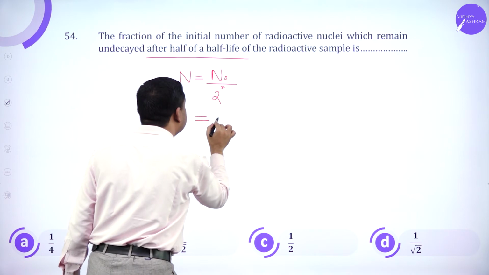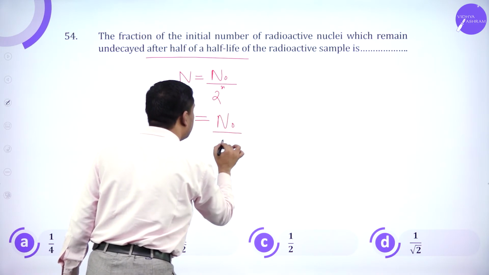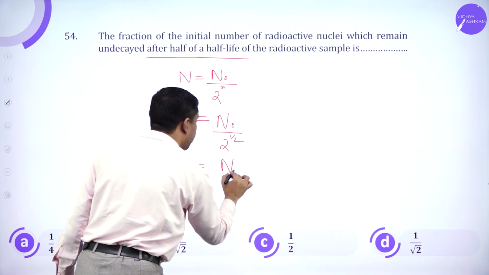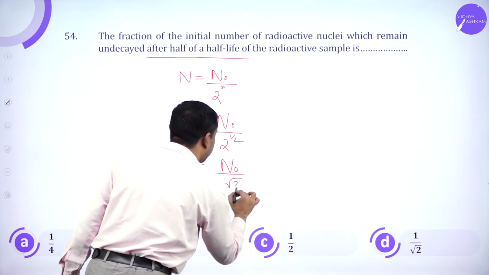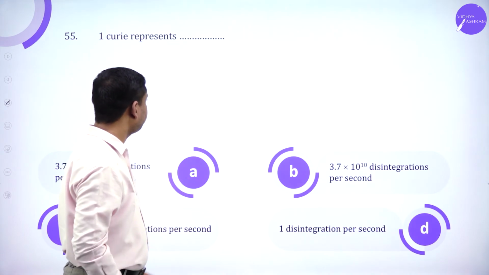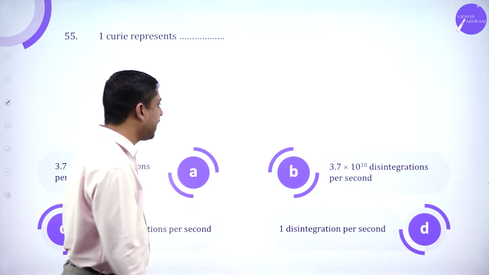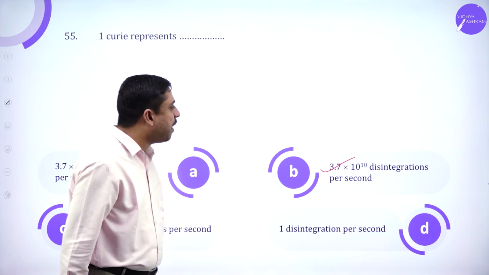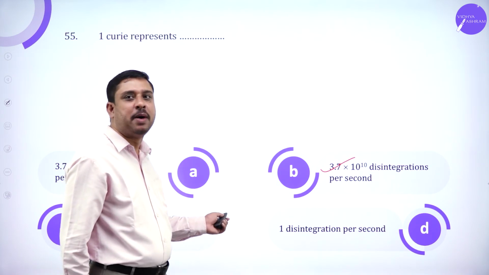Half-life is asked, N naught by 2 to the power half, or this is N naught by root 2. 1 Curie represents 3.7 into 10 power 10 disintegrations per second.